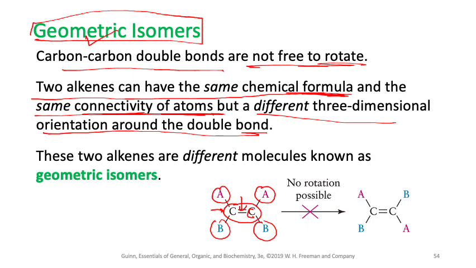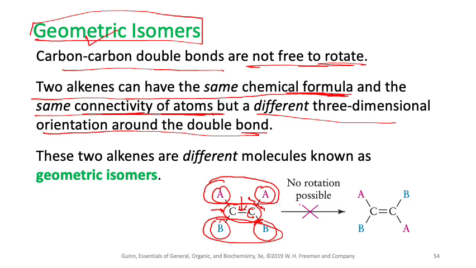And because we cannot rotate, this AA will always be on the same side, and BB will always be on the same side, unless we break the bond and replace A and B with each other. We have to break the bond because we cannot rotate the molecule, right? So this kind of isomer are geometrical isomers, right?